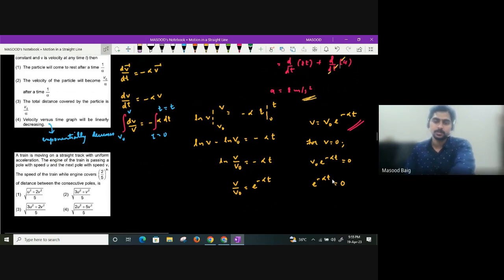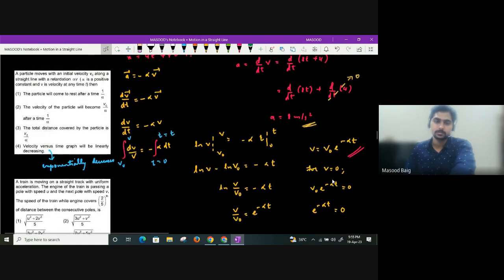Let's see if I have made any mistake in this. The velocity of the particle becomes v naught by alpha after time 1 by alpha? After time 1 by alpha, it will become v naught by e, it is not v naught by alpha. So the distance covered by the particle is v naught by alpha, they are asking.